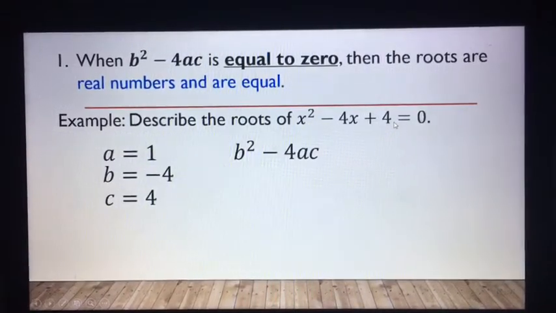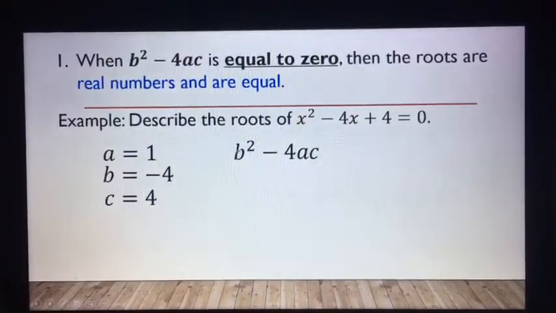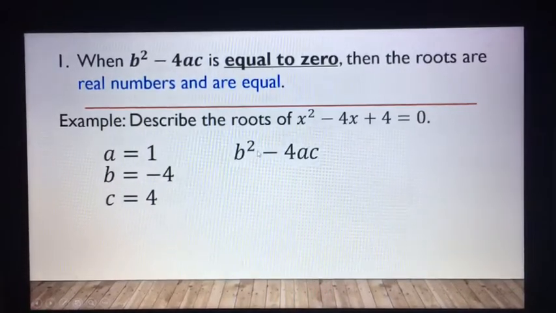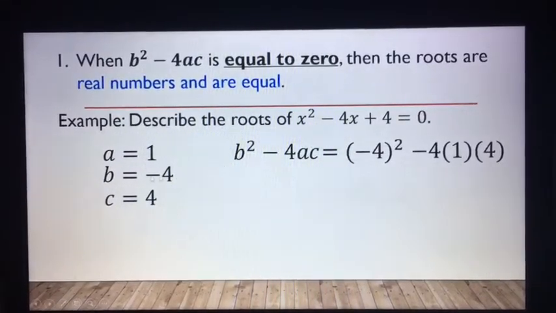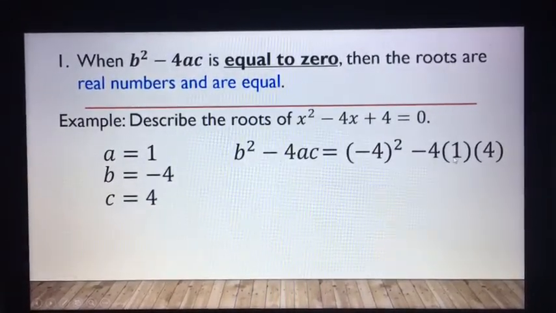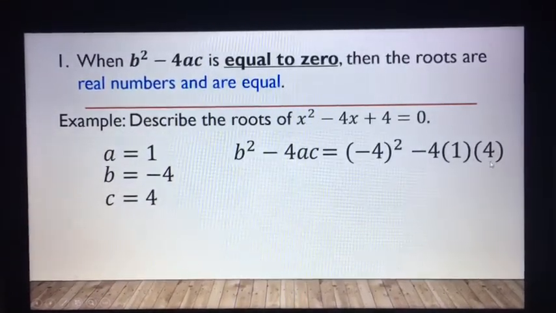So, let us evaluate it in our discriminant expression b squared minus 4ac. Substitute the negative 4 for b, the 1 for a, and 4 for c. We substitute them.